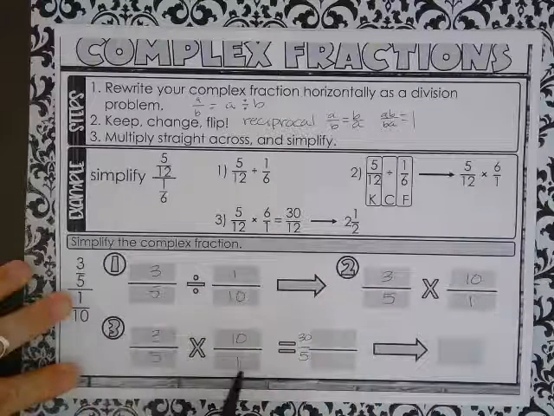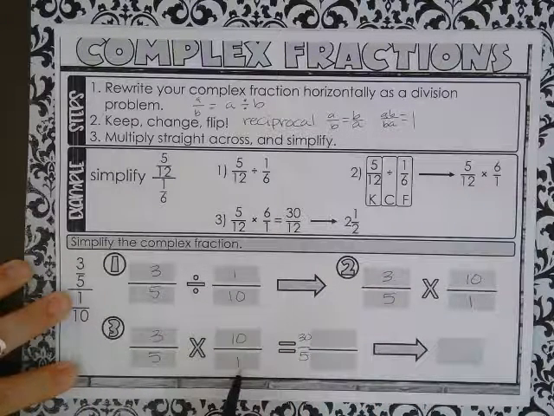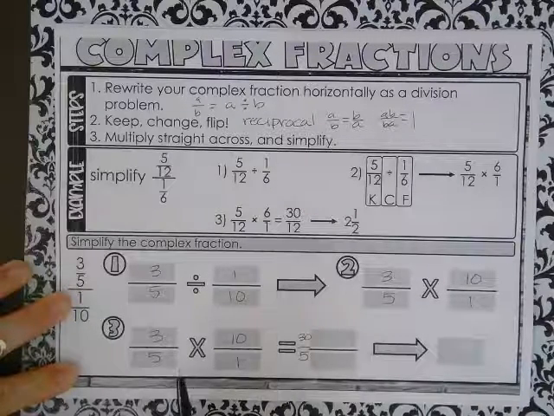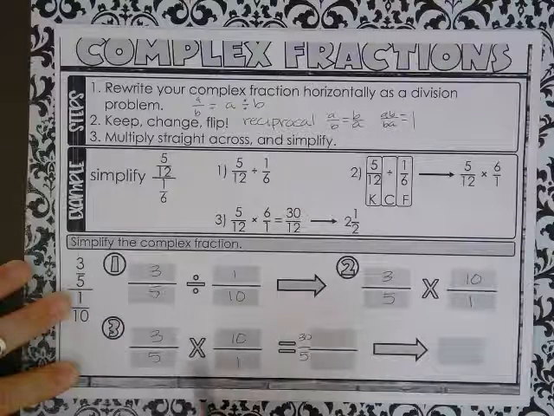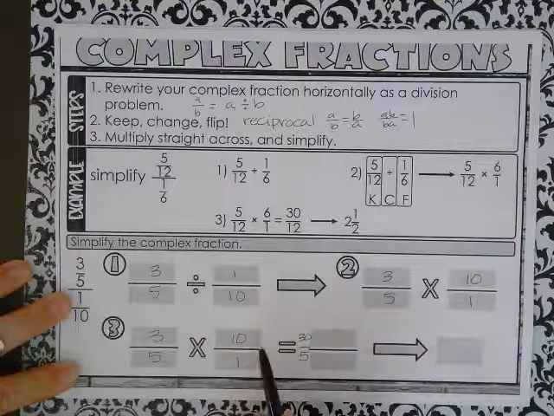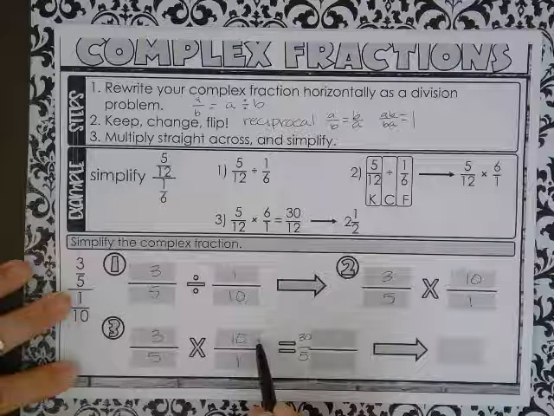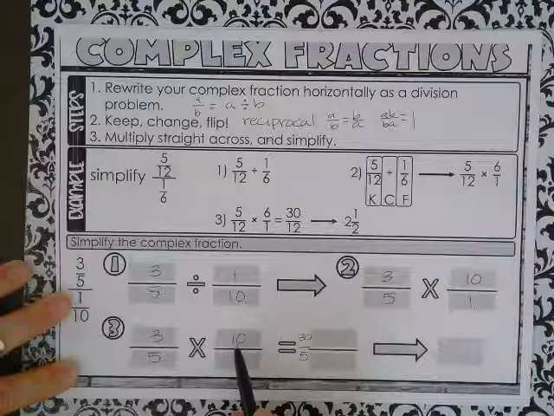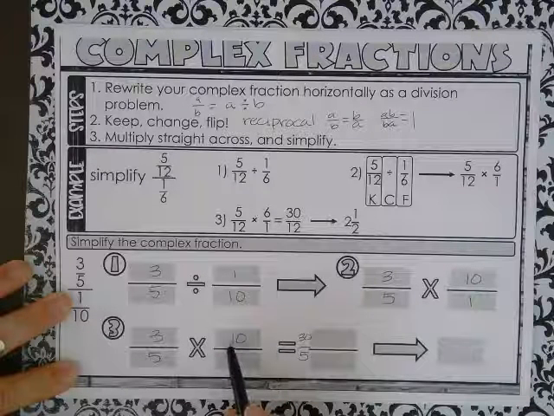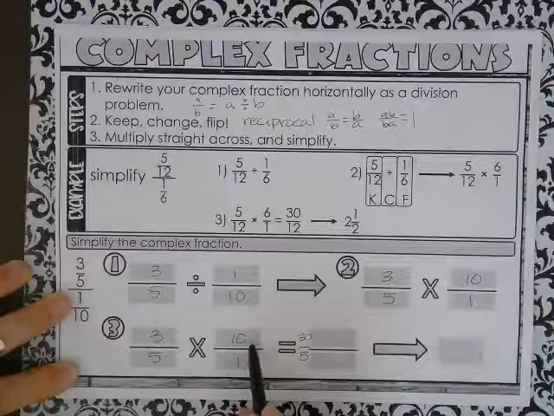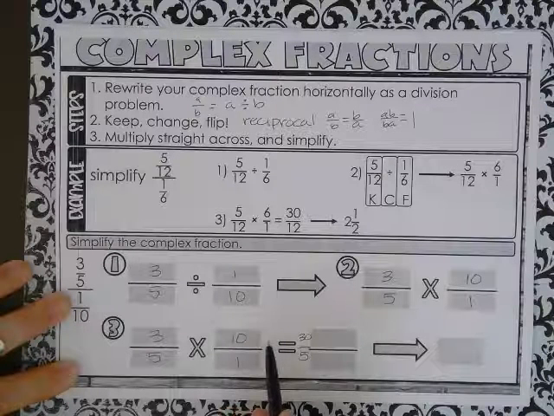So if we look diagonally, 3 and 1 both have factors of 1, so there's nothing we can do to simplify them. If we look at 5 and 10, is there a number that goes into 5 that also goes into 10? The factors of 5 are 1 and 5. The factors of 10 are 1 and 10, because 1 times 10 is 10, and 2 and 5, because 2 times 5 is 10.